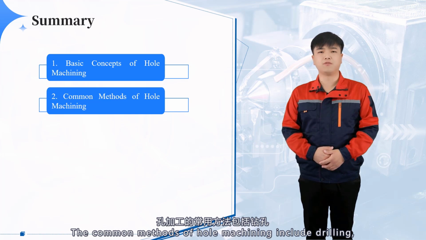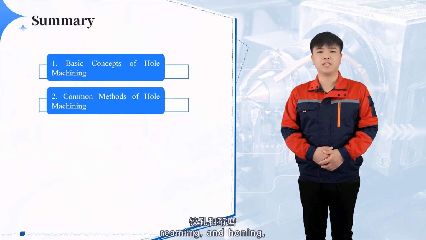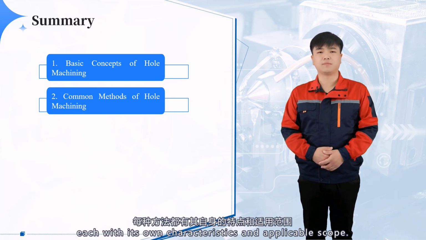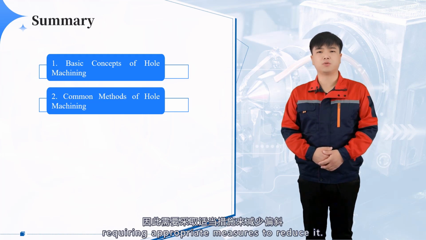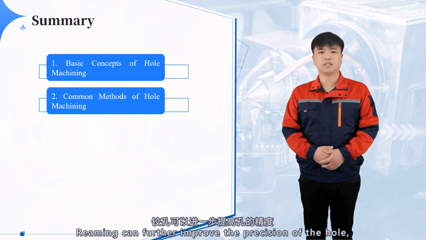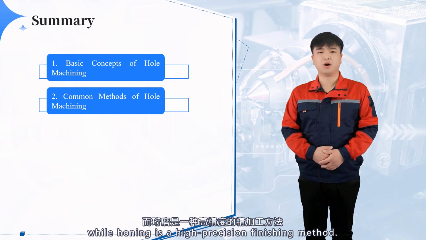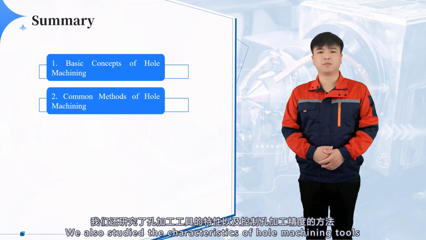The common methods of hole machining include drilling, reaming, and honing, each with its own characteristics and applicable scope. Drilling is prone to deflection, requiring appropriate measures to reduce it. Reaming can further improve the precision of the hole, while honing is a high-precision finishing method.